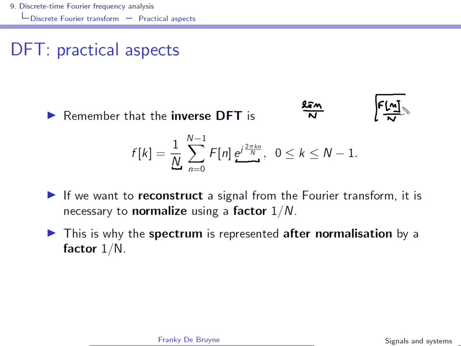So this is why when we represent the spectrum, we'll do it after normalization by a factor that is 1 over n.